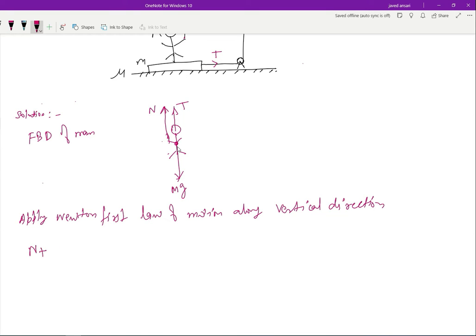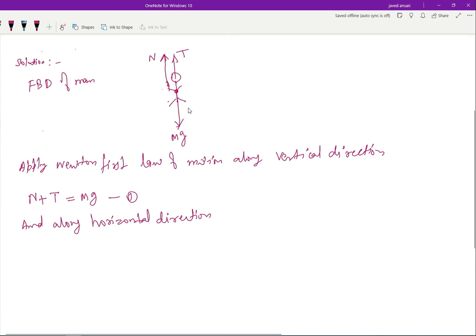N upward plus T upward equal to mg, first equation. And along horizontal direction, if you see, there is no force, right? So no need to have an equation because you cannot have.